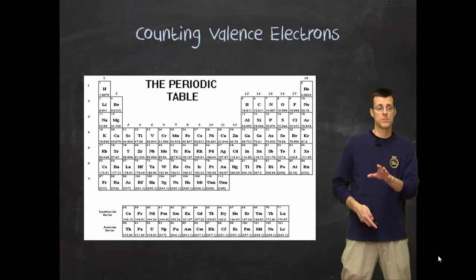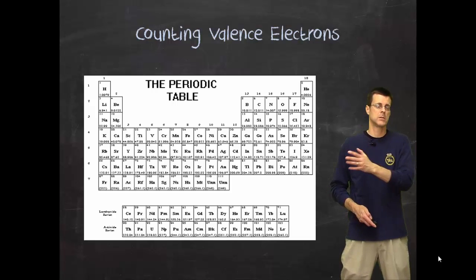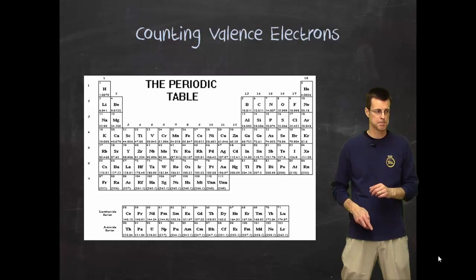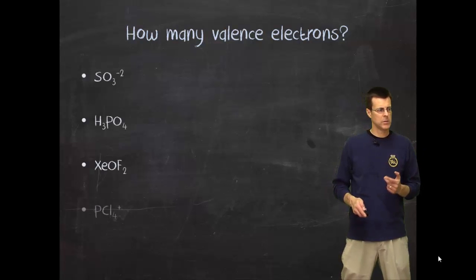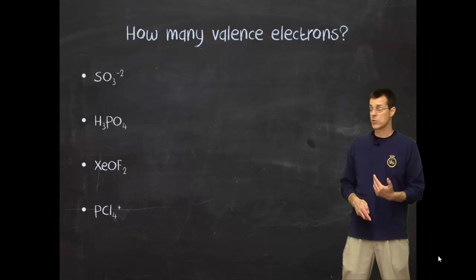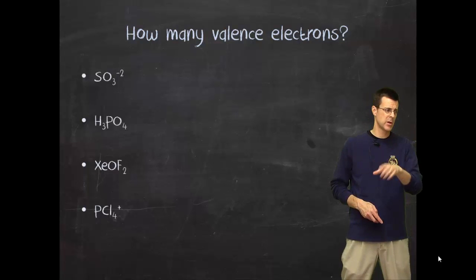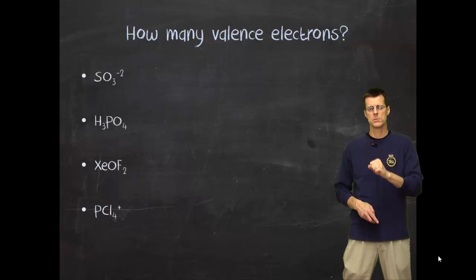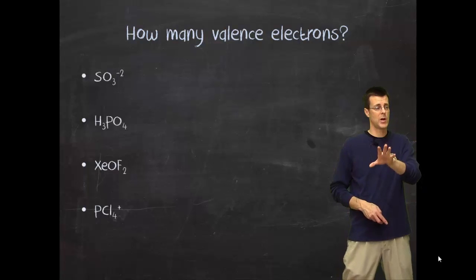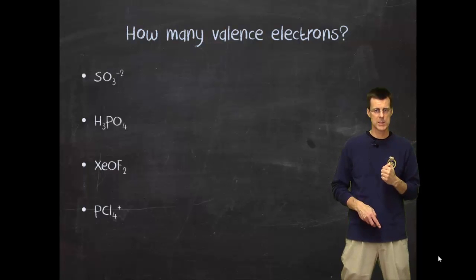Group 14, 4 valence electrons. Group 16, 6 valence electrons, and so on. So if I gave you a couple of things to try and asked you to just use the periodic table and count up just the valence electrons, what would you do? Write these down, pause the video, and we'll come back in a second and take it up.